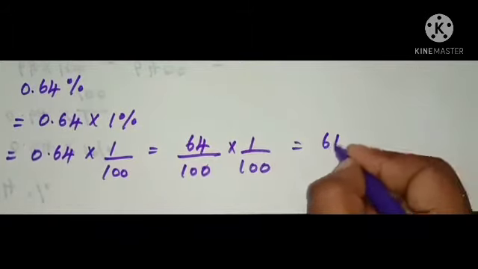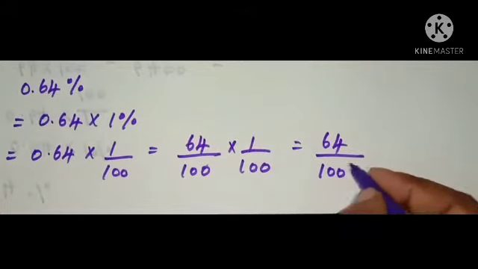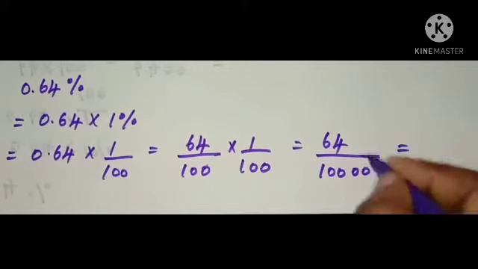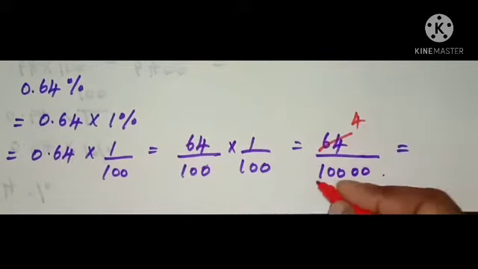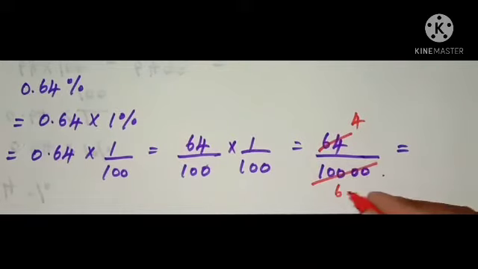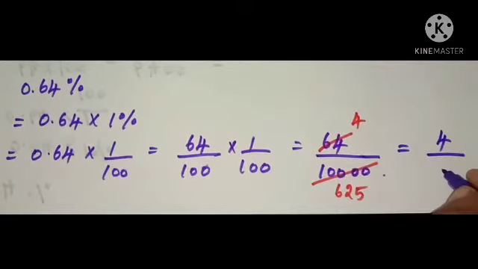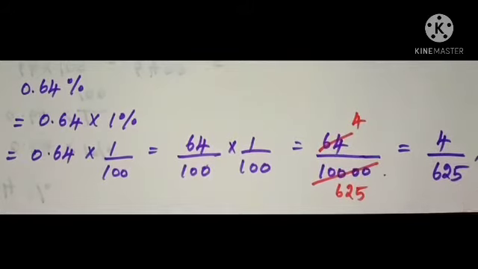And now 64 by 1, 2, 3, 4, 10,000. Cancelling 64 by 10,000, we get 4 times in the numerator, in the denominator it is 625 times. Thus, our fraction form of the given percentage is 4 by 625.